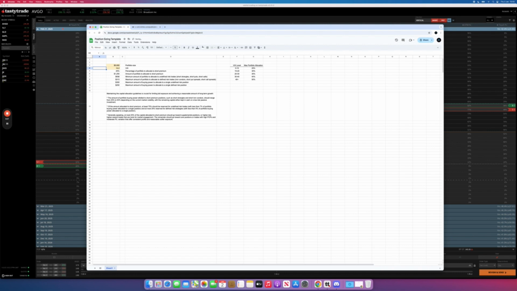All you need to do is use this information to form the backbone of your portfolio. It will tell you the maximum amount of buying power to allocate to any single defined risk position, undefined risk position, and how much of your portfolio you should allocate to short premium strategies in general. And as long as you follow this blueprint over the long run, you will be absolutely fine.